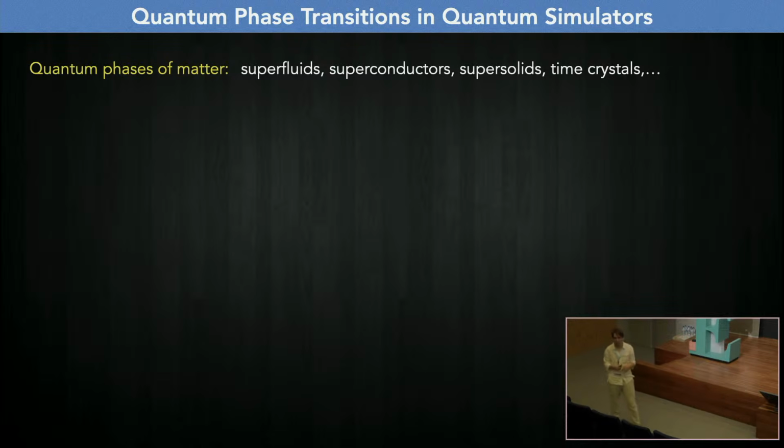Superfluids and superconductors are the first ones that were observed, in the 70s. Later on, we had predictions and experiments observing things like supersolids, which I don't have time to talk about. Time crystals appeared very recently, in the last 15 years or so. And today we will talk mainly about these kinds of time crystals.